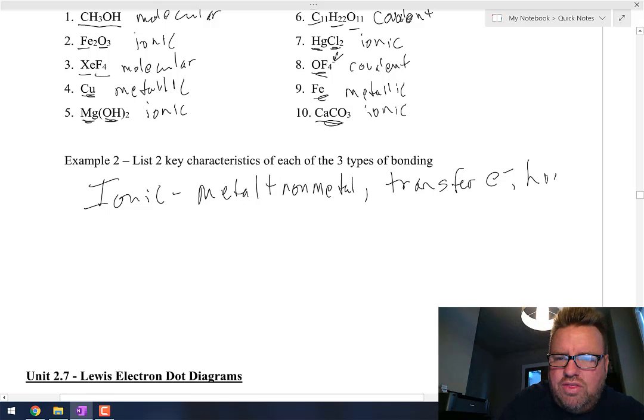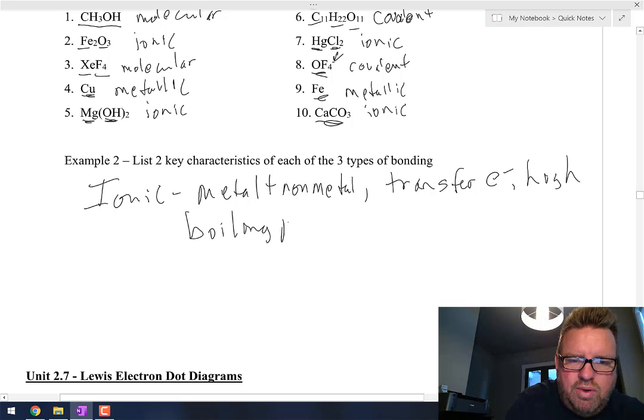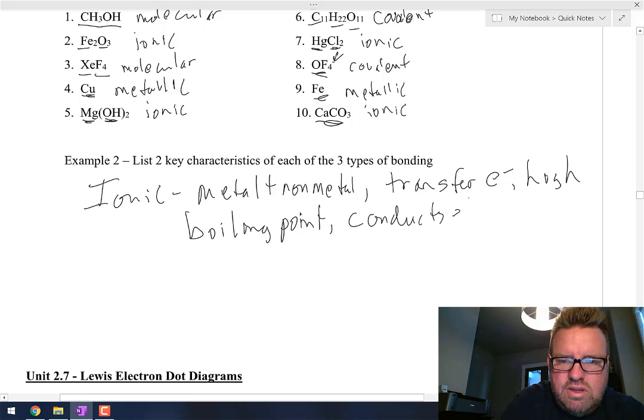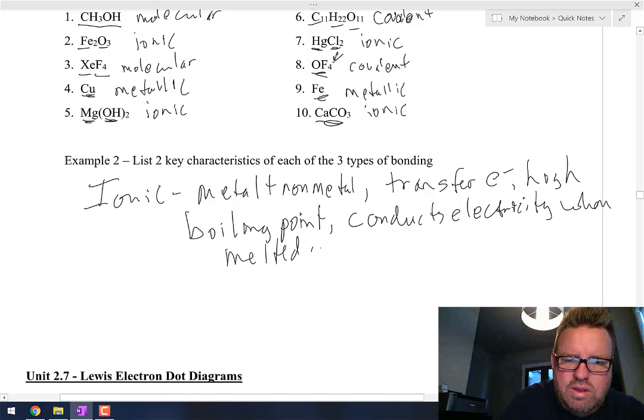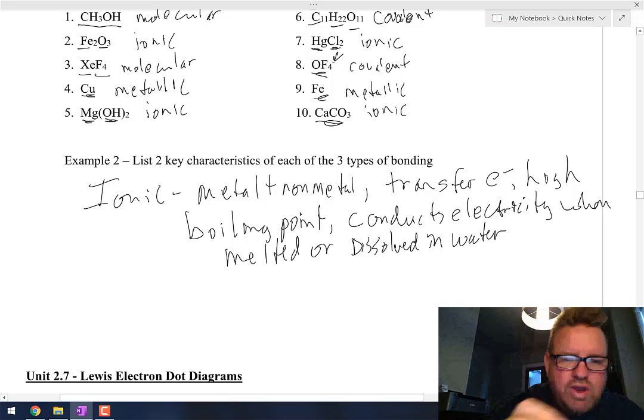Another thing might be the high boiling point. Another one might be conducts electricity when melted or dissolved in water. Obviously, this is more than 2. If you know those things about ionic compounds, you're in great shape.